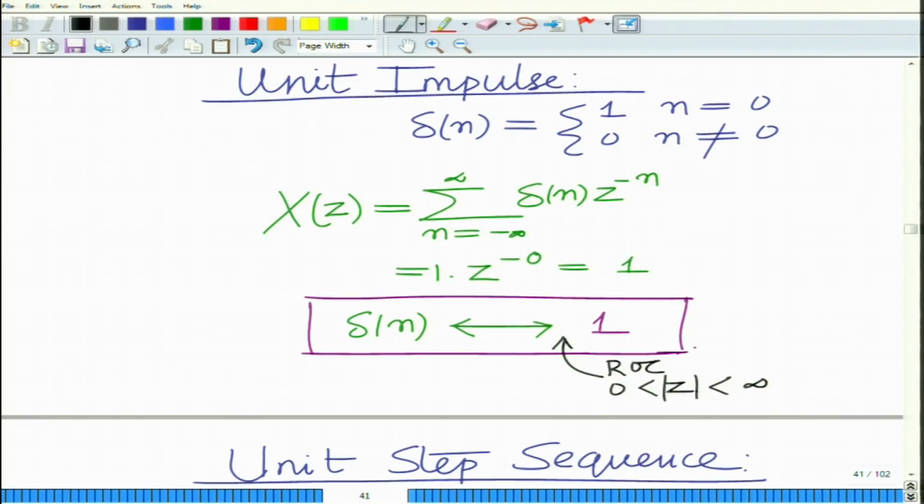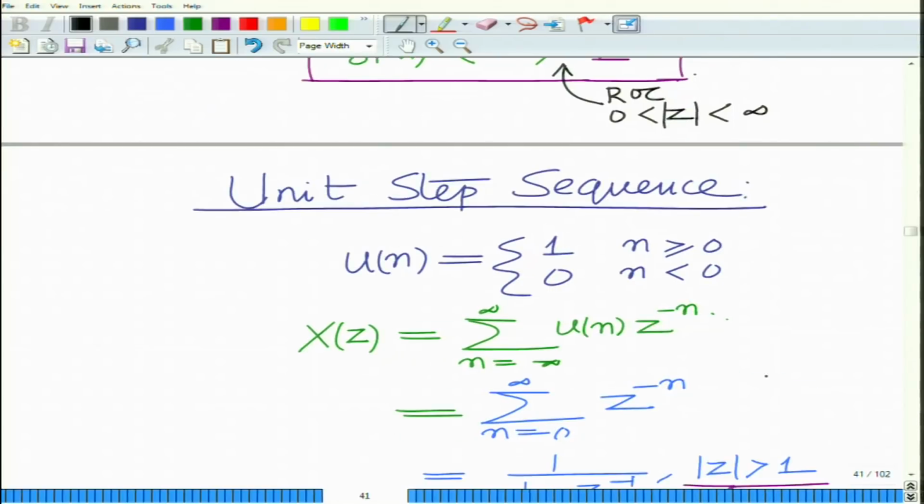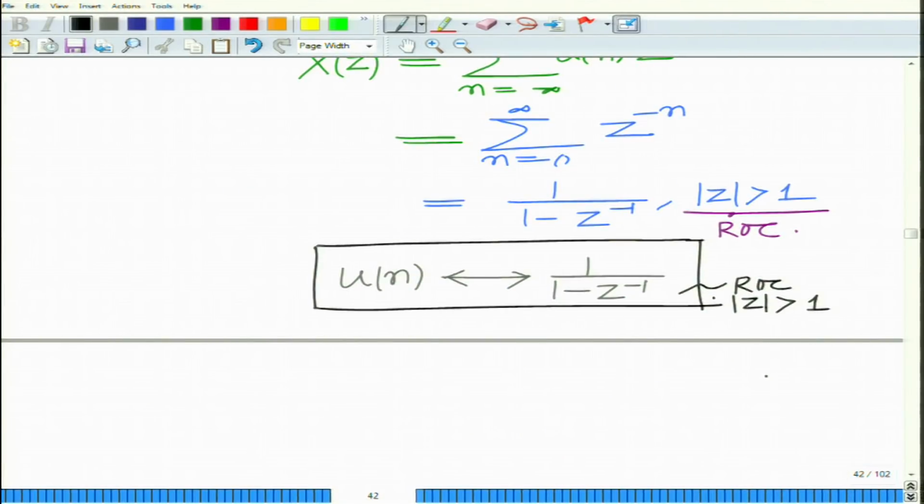So, this converges for all values of z. All right. So, with this we will stop this module and continue our discussion on the Z transform further in the subsequent modules. Thank you very much.